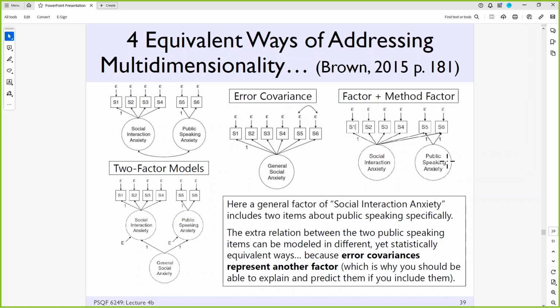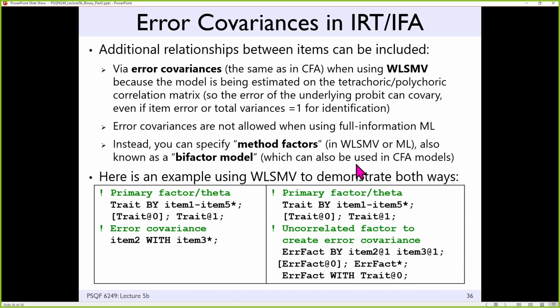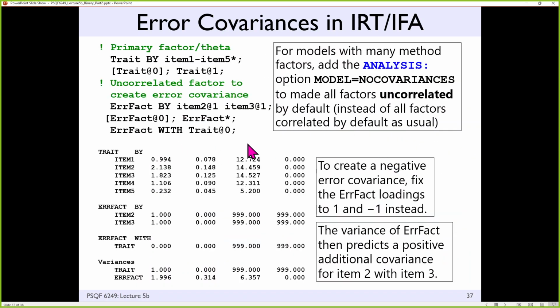This new second factor induces another source of relationship between these 2 items in the same way that this error covariance induces another source of relationship between these 2 items. So then in the output, you would end up with this new variance of a factor that you can interpret as creating a covariance between the 2, although on a somewhat different scale.